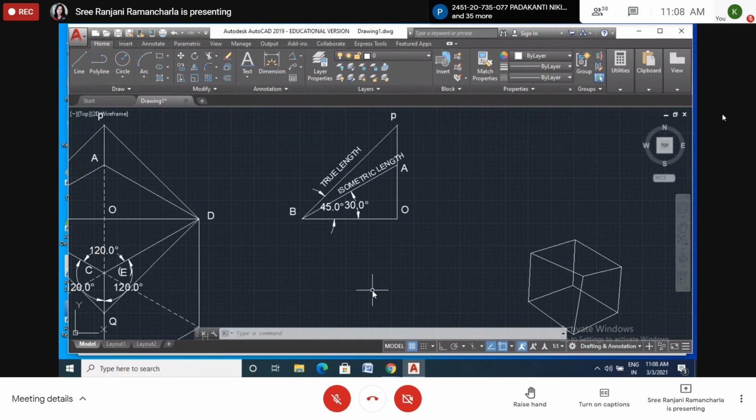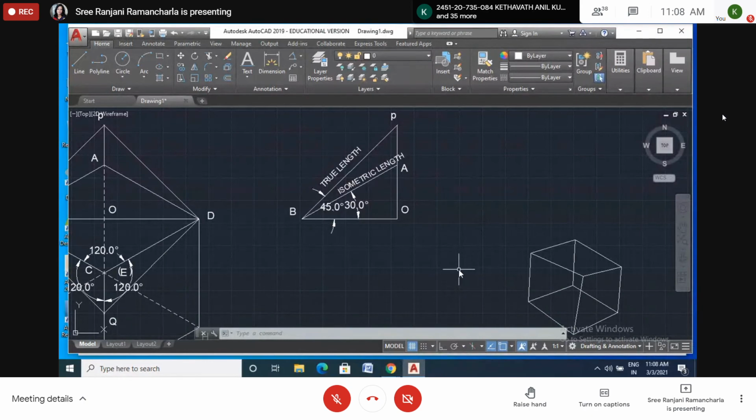Now next line. The ratio equals isometric length by true length. Isometric length by true length, that is equals, what is isometric length here?